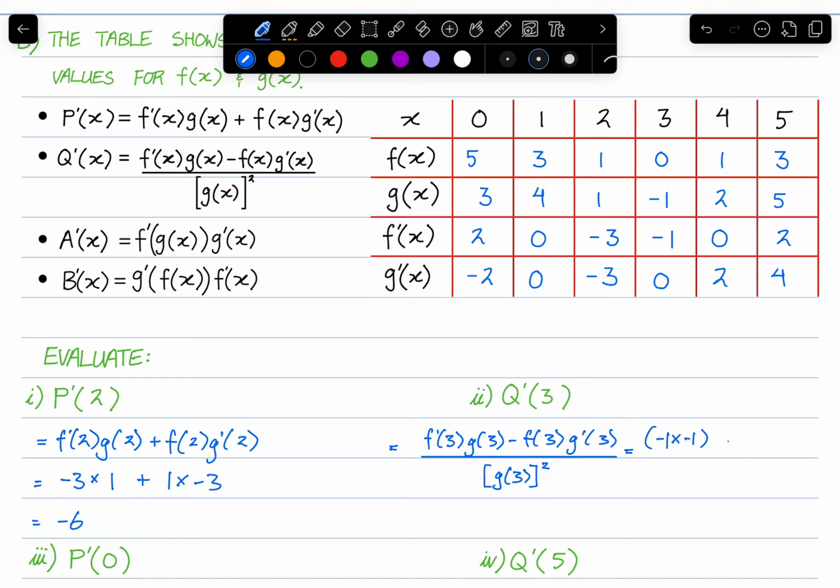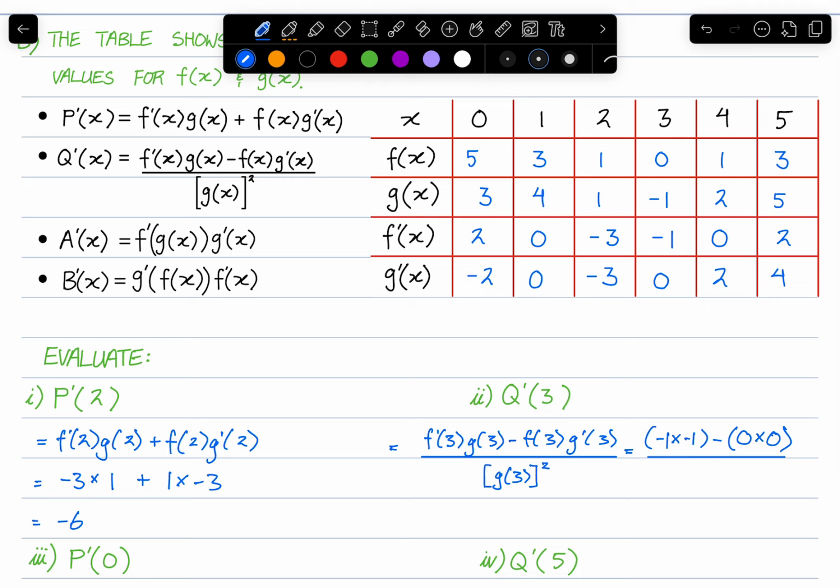So that is going to go minus f of 3 is 0 times, now I'm still going to figure out what this value is. G prime of 3 is also 0, but 0 times anything is going to be 0 anyway.